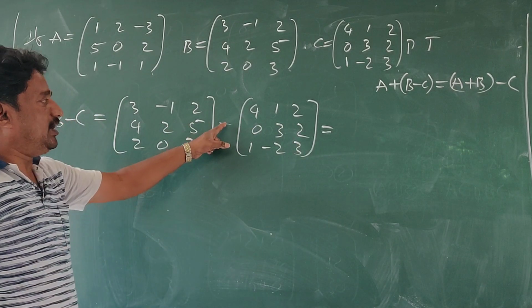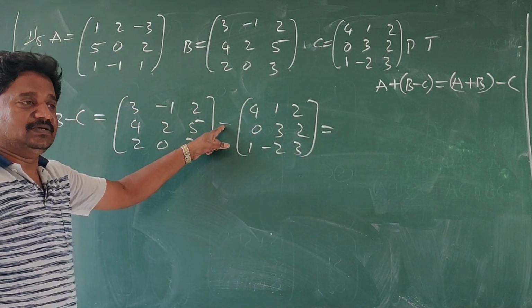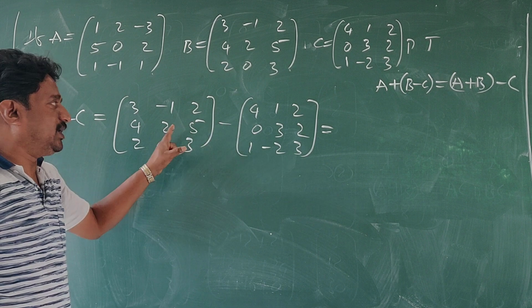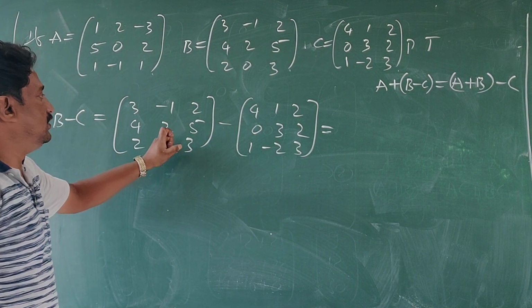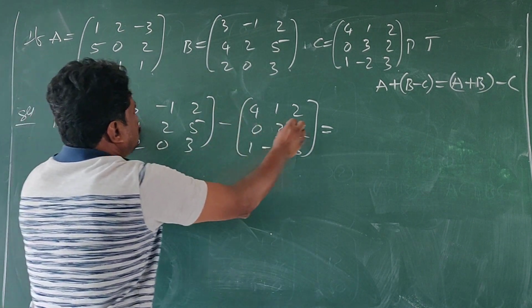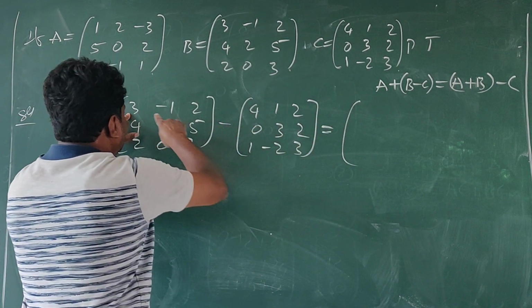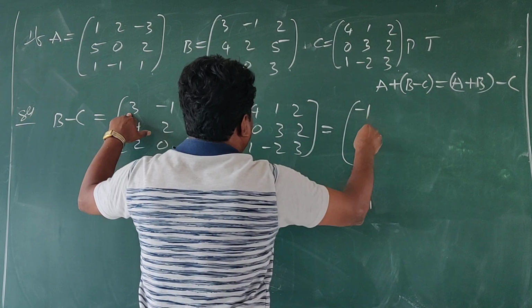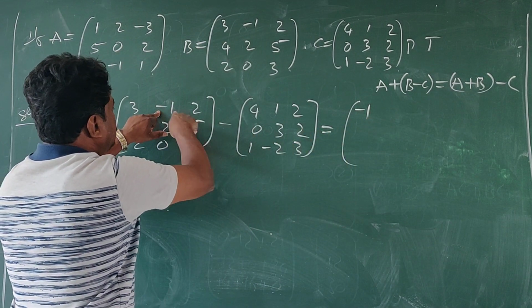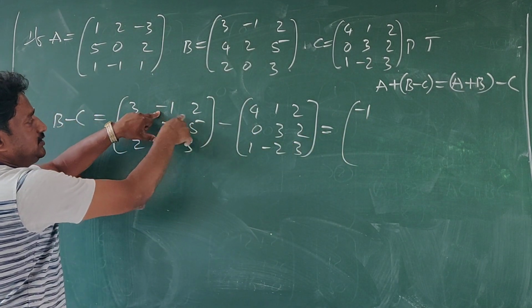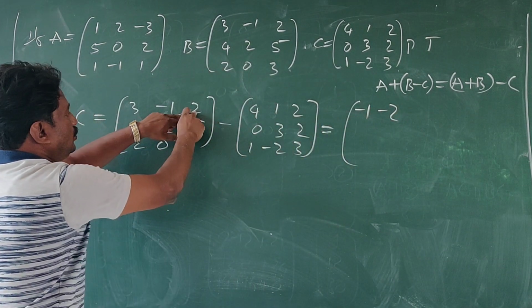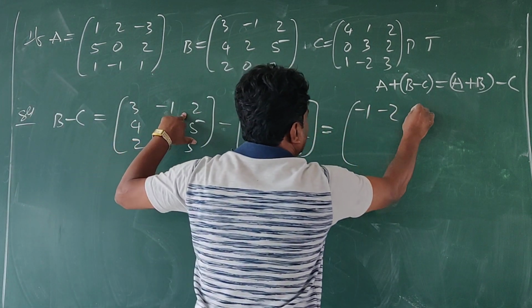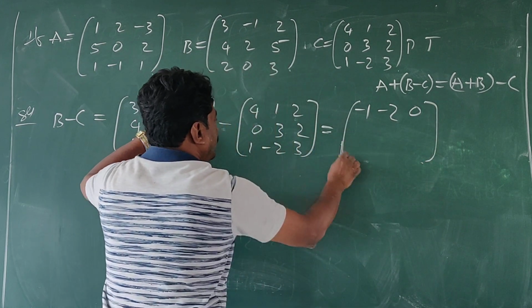Subtraction has to be done. 3 minus 4 is -1. -1 minus 1 is -2. 2 minus 2 is 0.